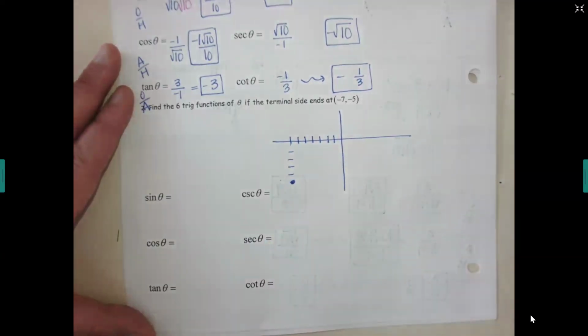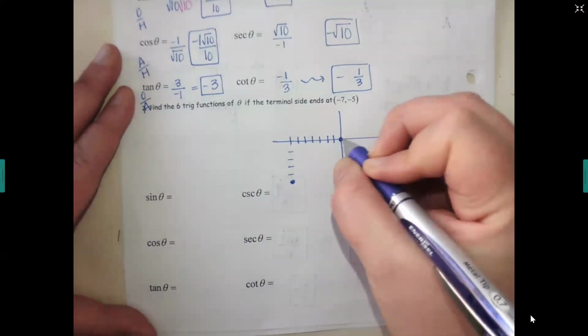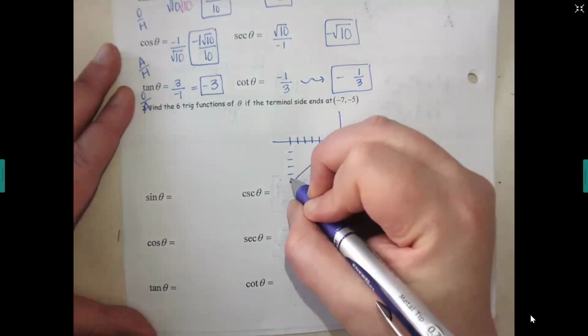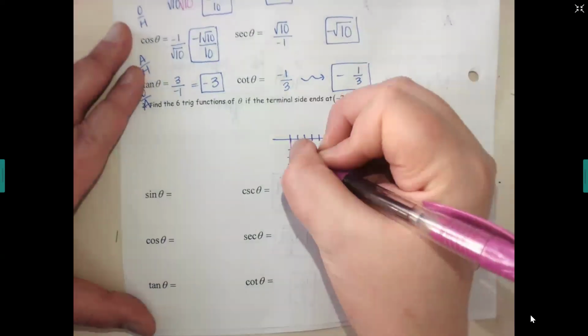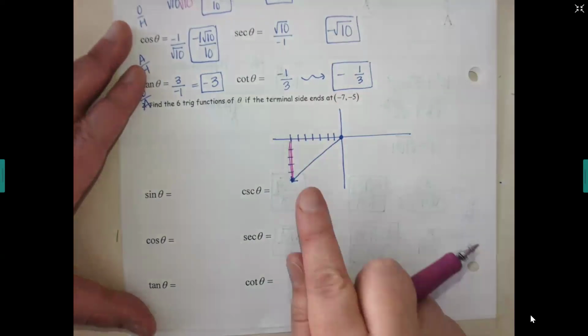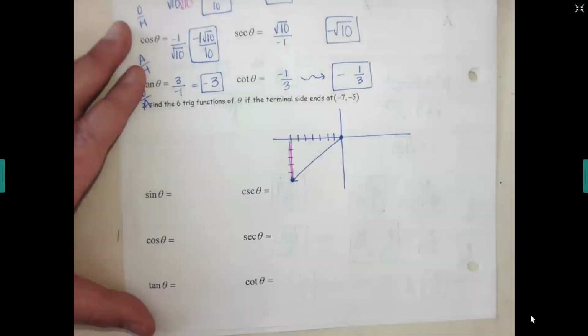Remember that my ray begins at the origin, and then it ends at the point that you just constructed. You are always connecting your triangle back to the x-axis, which is this way. You're never going to connect it back to y. It's always going to go back to x.